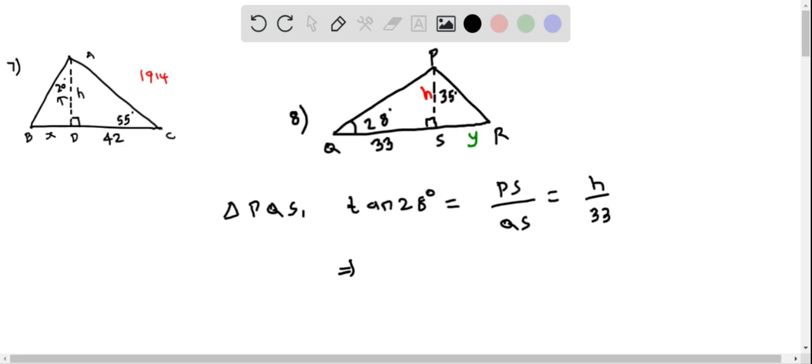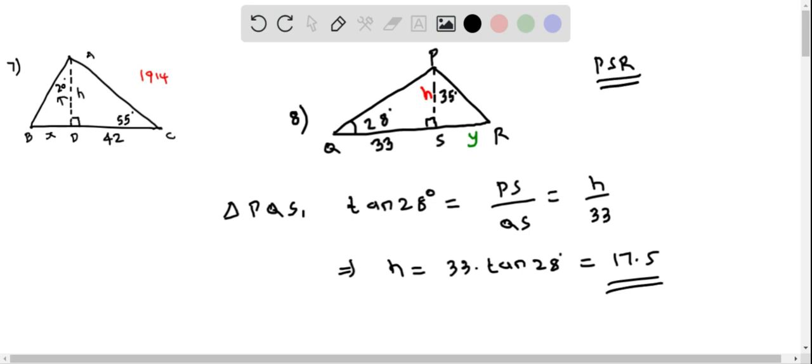So we can solve for h from this. h equals 33 times tangent of 28. When we plug this into the calculator, we get 17.5. So this is the value of h. Now let's do the other right triangle, PSR.